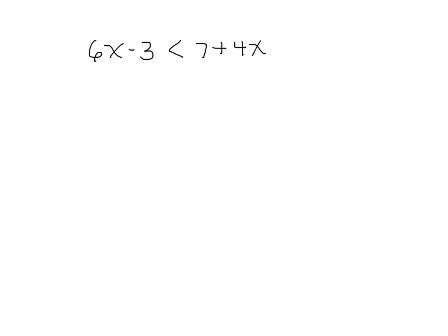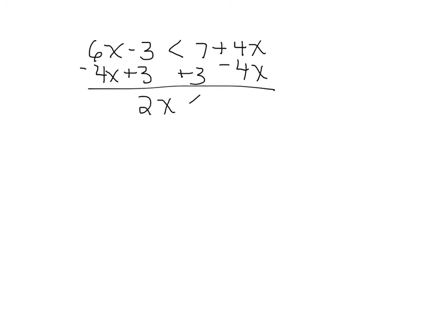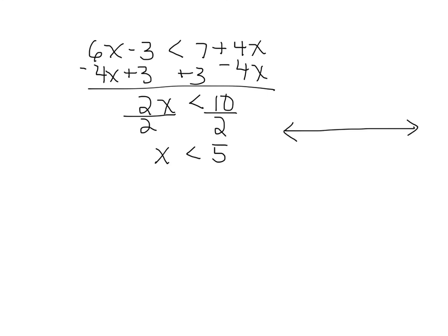However, in solving inequalities, I strongly suggest that you bring the variables to the left side and the constants to the right, because then you have your handy-dandy variable on the left, which means the inequality is going to go in that direction. X is less than 5. Did I divide by a negative number? No, I didn't. You have to ask yourself that all the time. It's so easy to forget. So open dot on 5, and I'm going to go to the left.